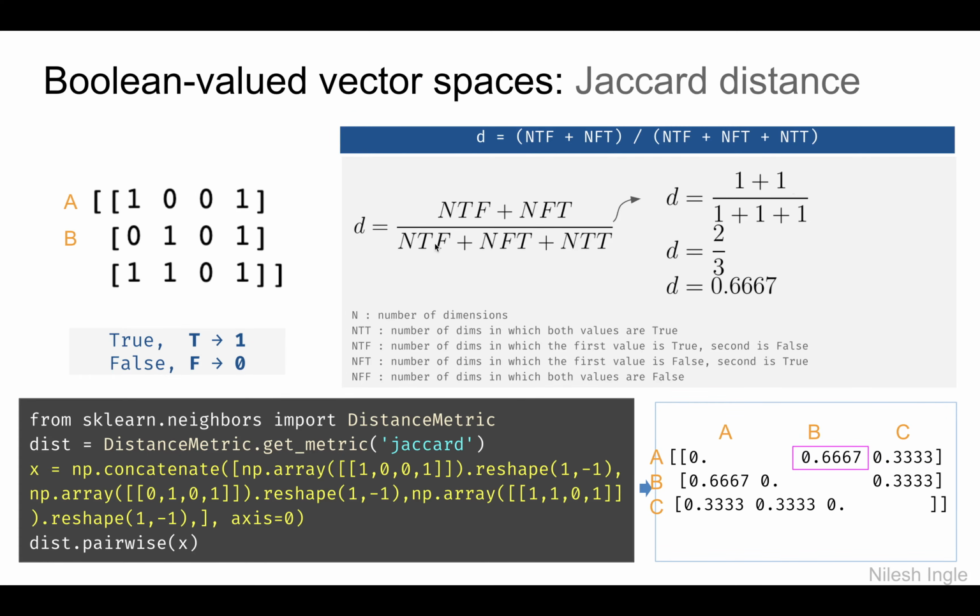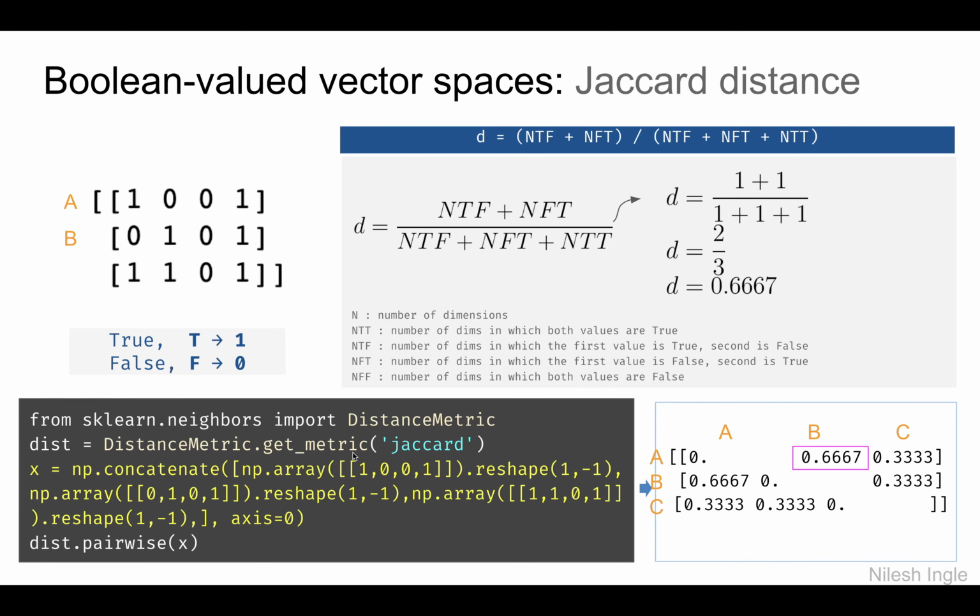And similarly for the denominator, we have this additional ntt, the trues, and here we can see that we have true 1 here and 1 here, so we have a total of 3. So we have a numerator total of 2, a denominator total of 3, and when we divide those, we get 0.667, which is the Jaccard distance between a and the second row, which is b.